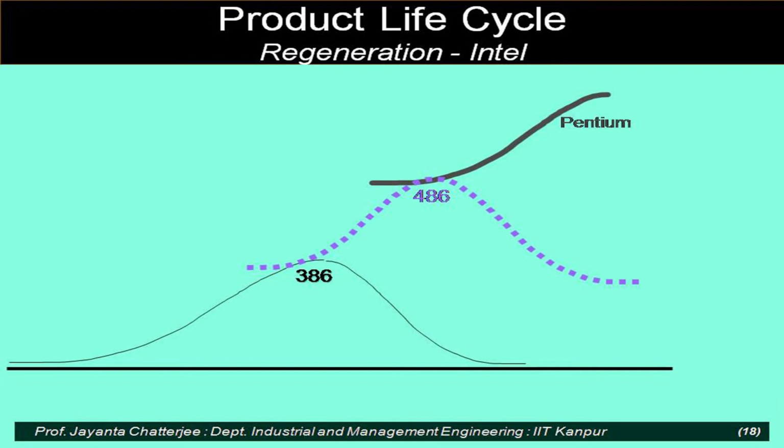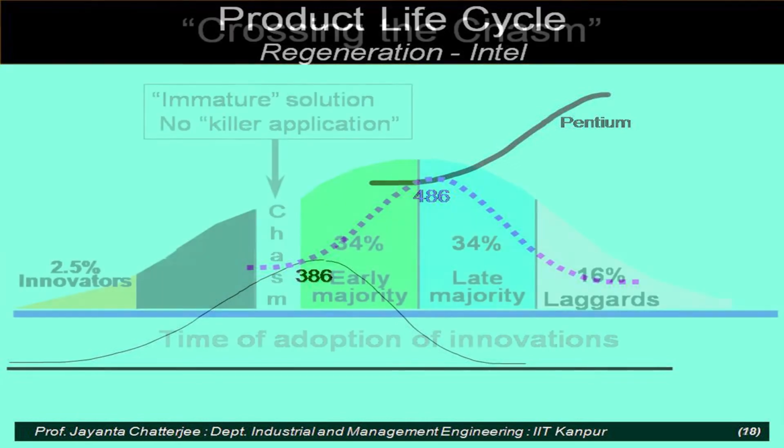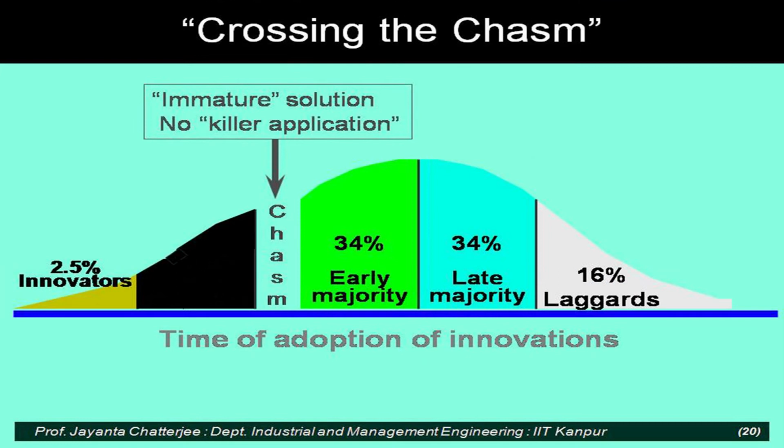So we are coming to the finer points: in this PLC, it's not a continuous graph. There is something known as the chasm that develops between the stage of early adopters and early majority.